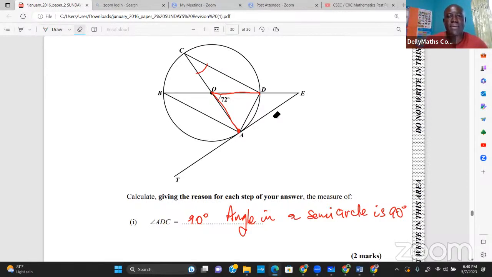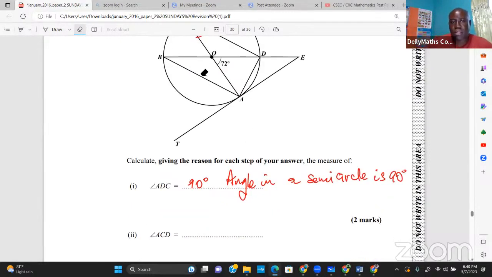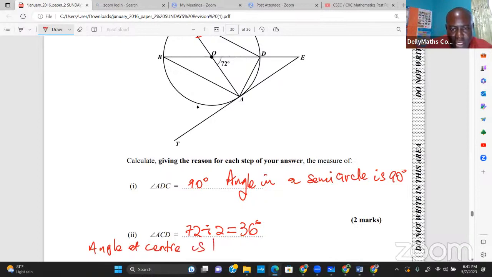The angle at the center comes from the exact same place as the angle at the circumference for C. So we write 72 divided by 2 is equal to 36 degrees. How do I know? This is the rule: angle at center is twice angle at circumference.